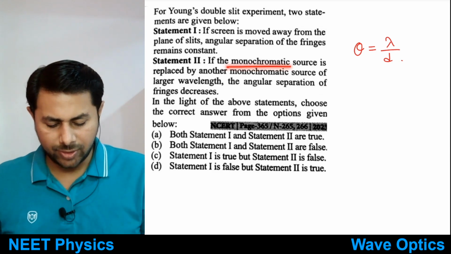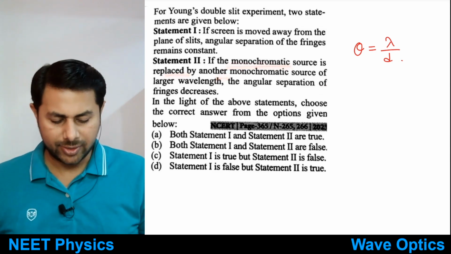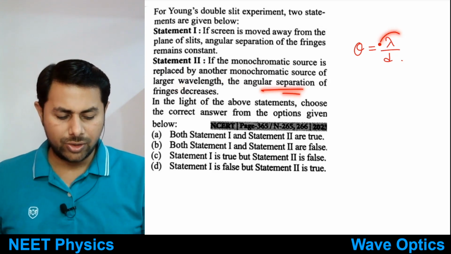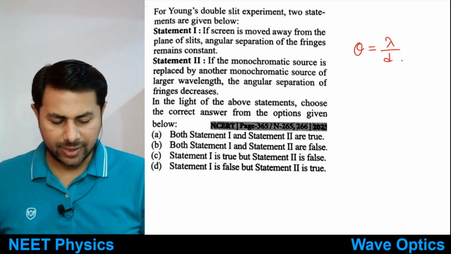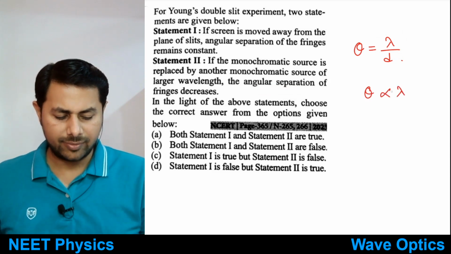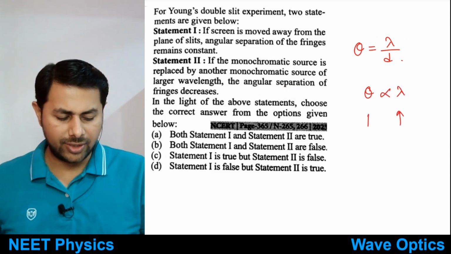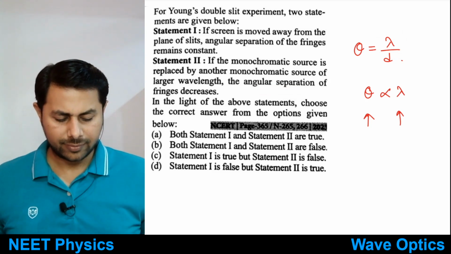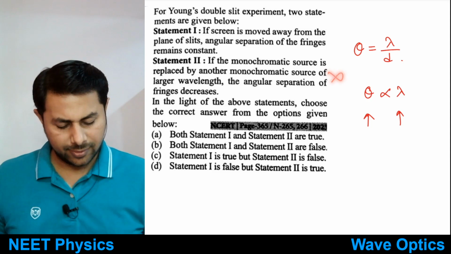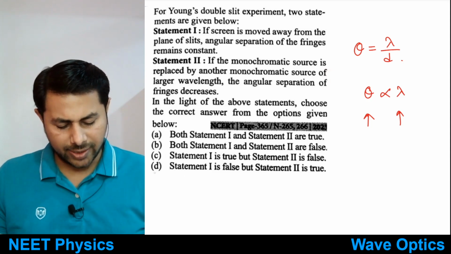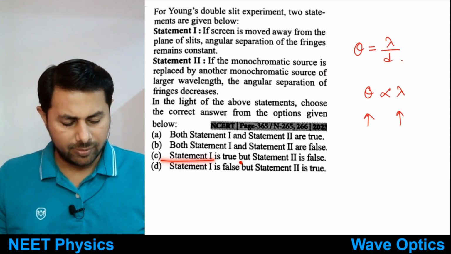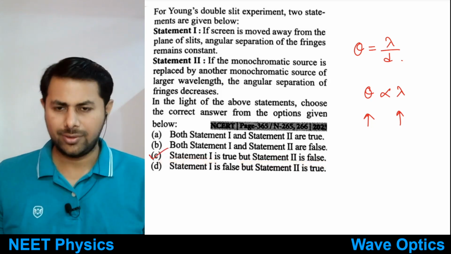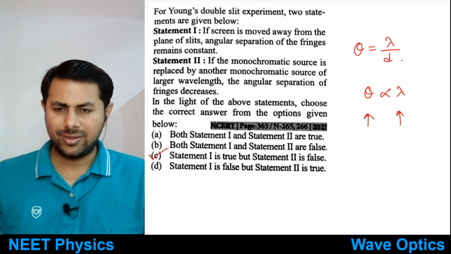So if the source is replaced by one of larger wavelength, the angular separation should actually increase, because theta is directly proportional to lambda. If lambda increases, theta also increases. So this is incorrect. So the answer is: statement 1 is true, but statement 2 is false. Okay, this is clear. Very simple question.